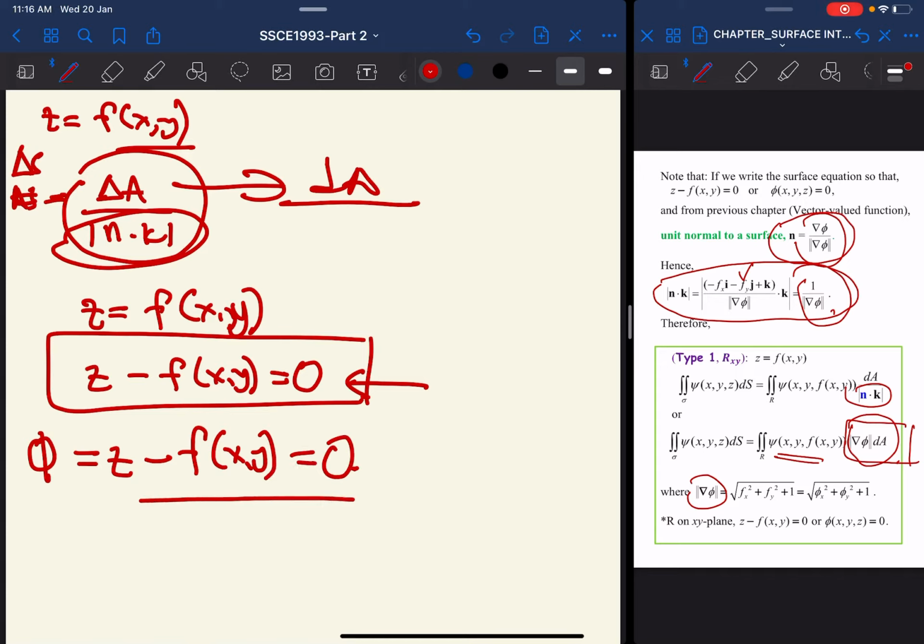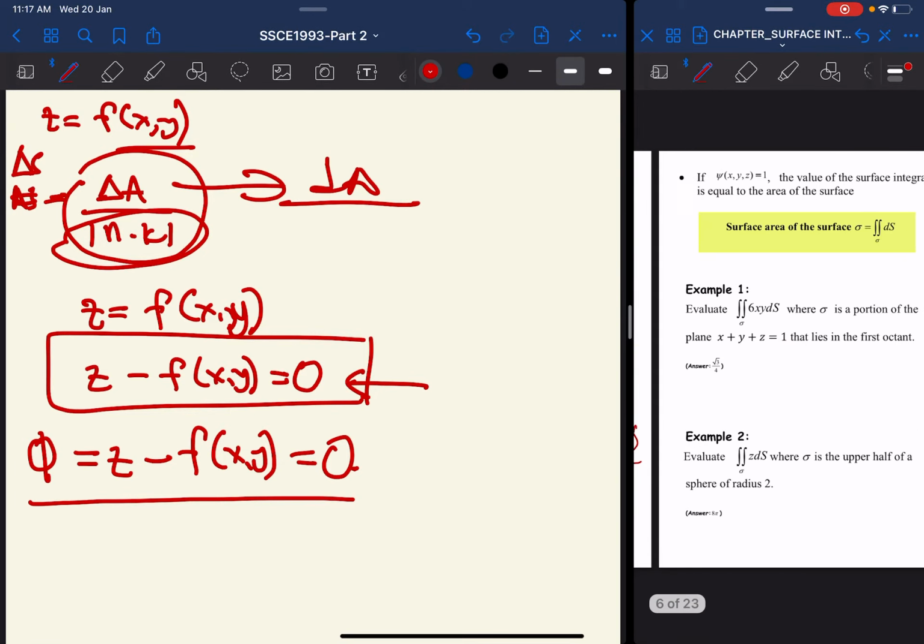You have to understand the concept of how to change ds to dA. This one is the projection on the xy plane. The simplest analogy is when the shadow of the given surface is on the xy plane. This will be changed based on the projection on which plane, which will be explained later on. So let's see from here.